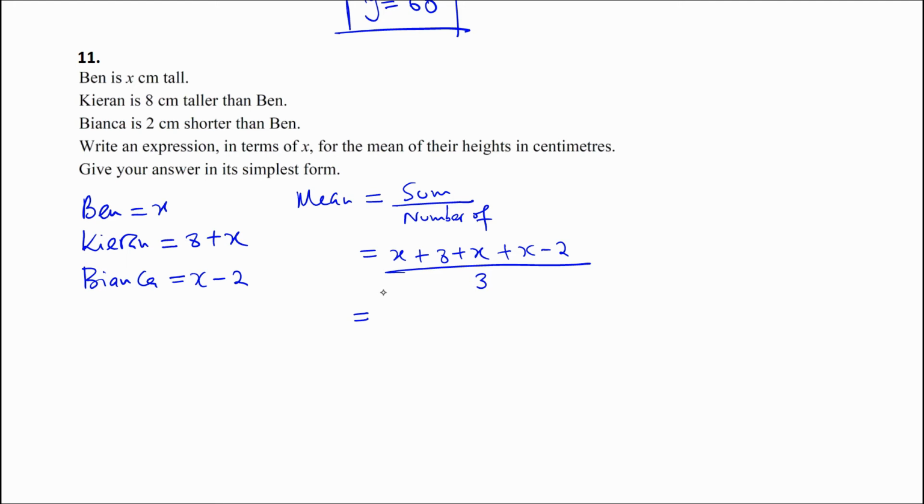That will be equal to 3x plus 6 over 3. Now remember, here we're dividing everything by 3, so we can rewrite this as 3x over 3 plus 6 over 3, which will be equal to x plus 2. So this is the simplest form of that expression, and this represents the mean of their heights.